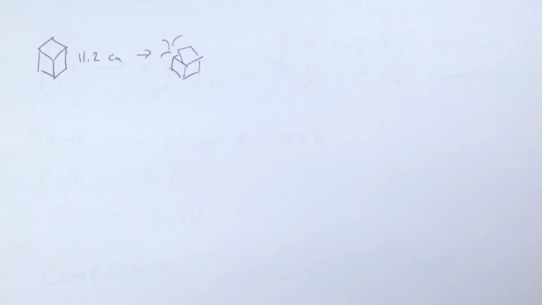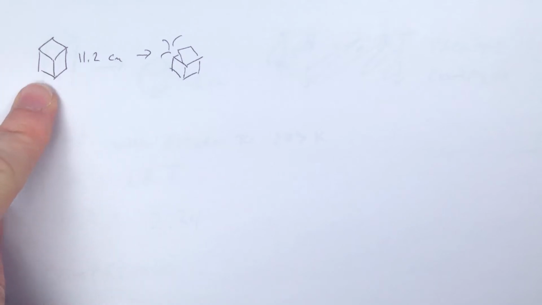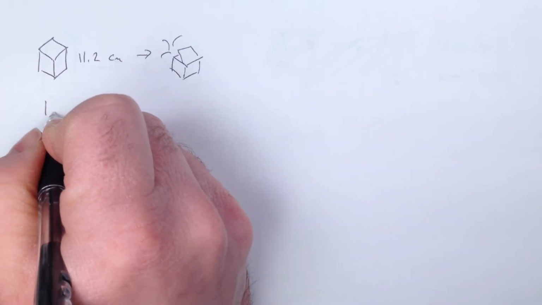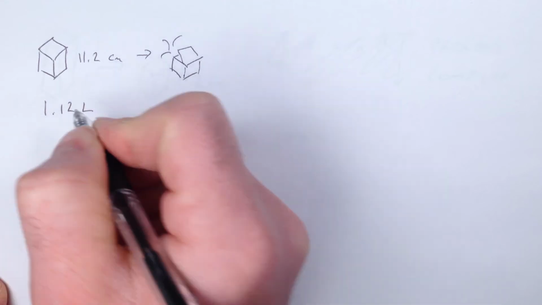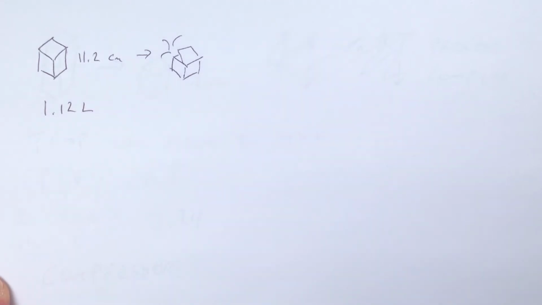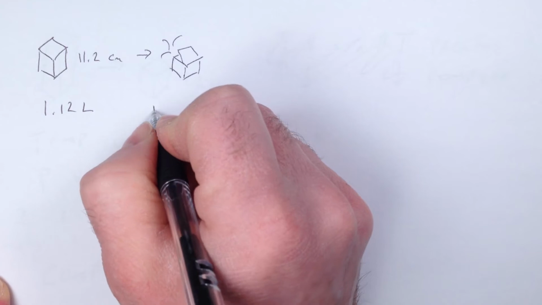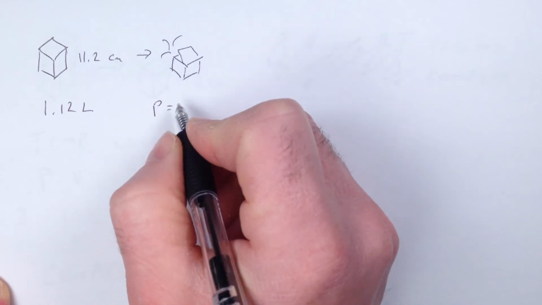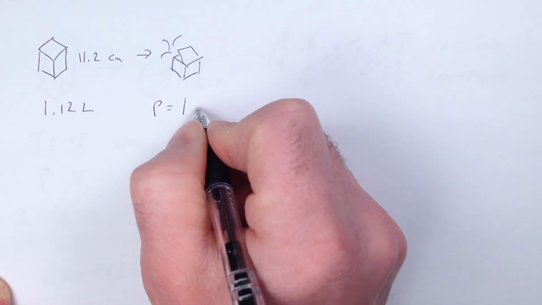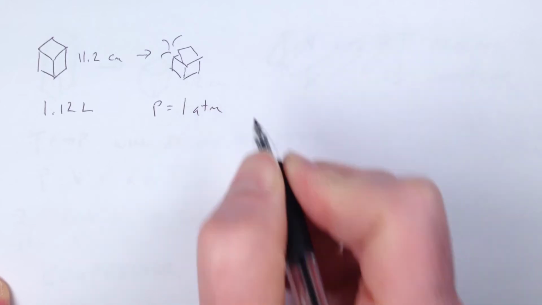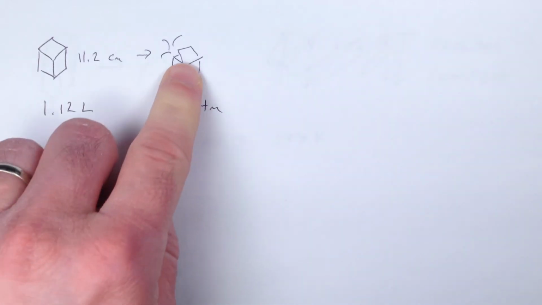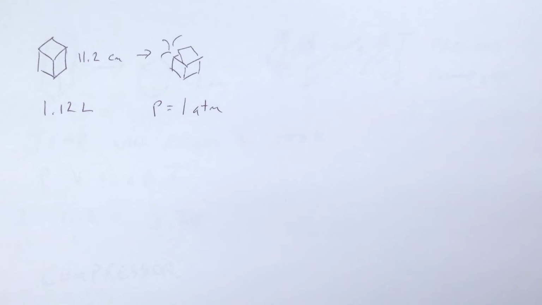What will happen then? Well, remember, we still only have 1.12 liters of gas. However, the pressure has just changed to 1 atmosphere because we've exposed it to the environment.